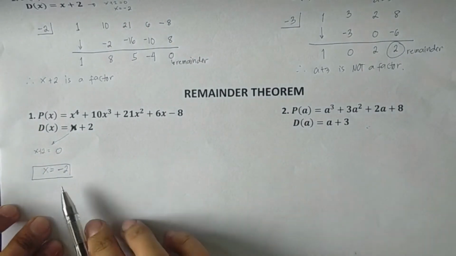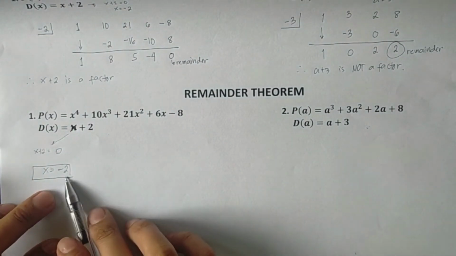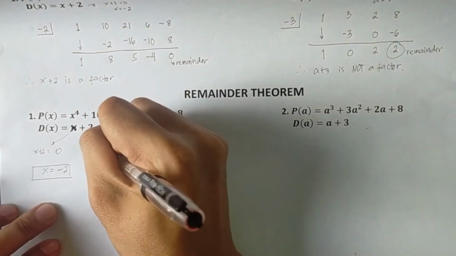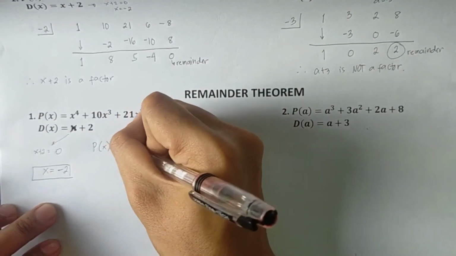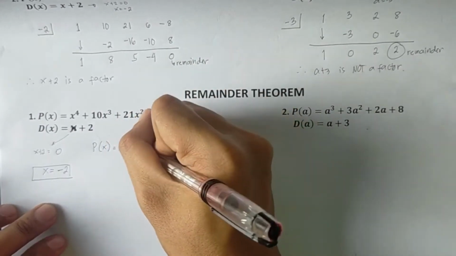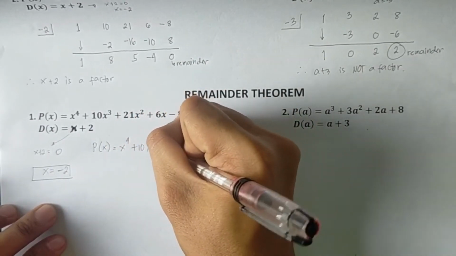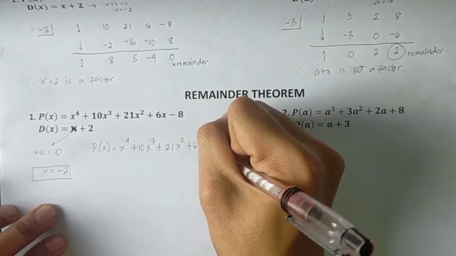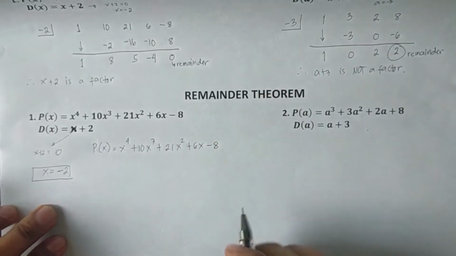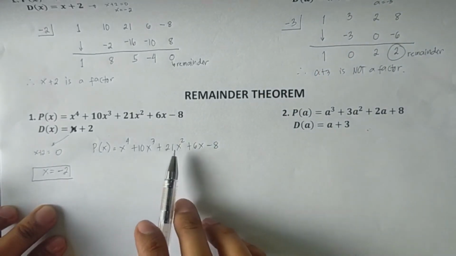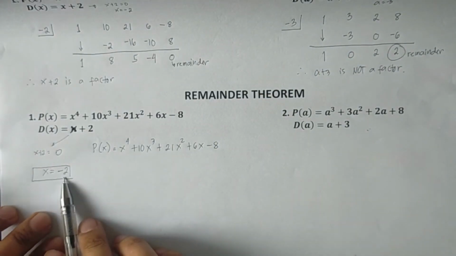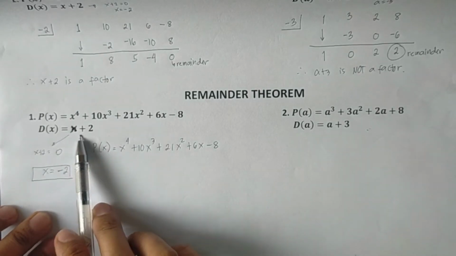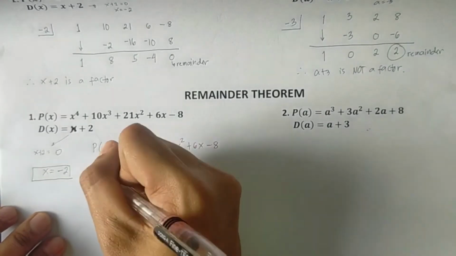Now this negative 2 will be the value of x to be substituted here. The p of x equals x to the power 4 plus 10x cubed plus 21x squared plus 6x minus 8. So x here will be substituted by the value negative 2, which comes from your d of x.